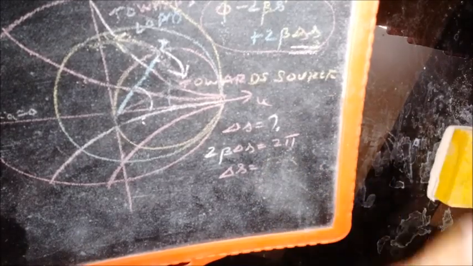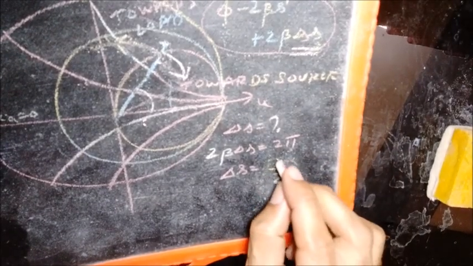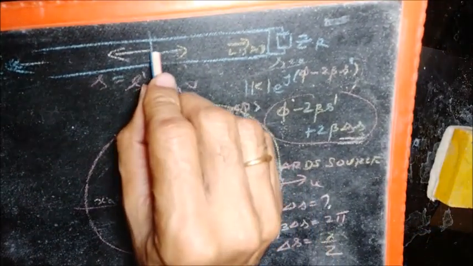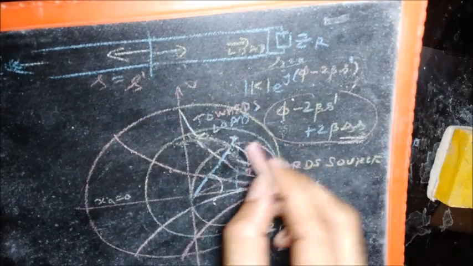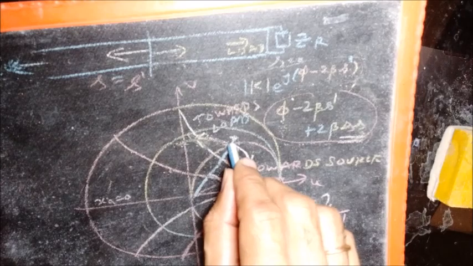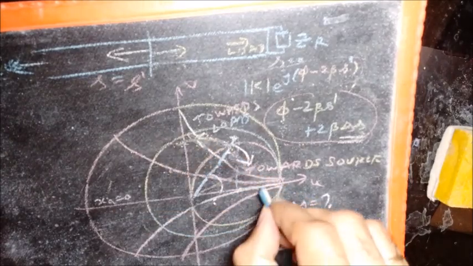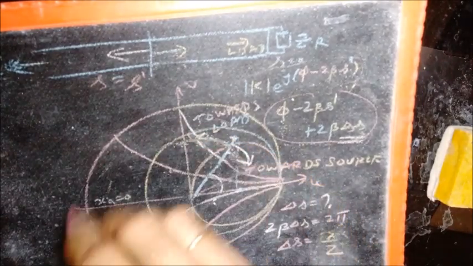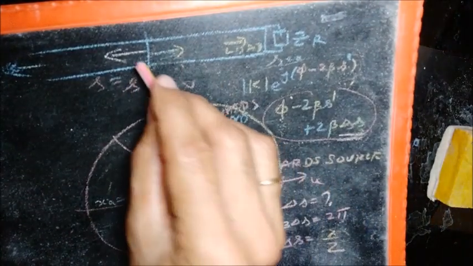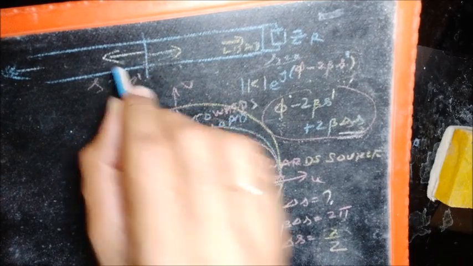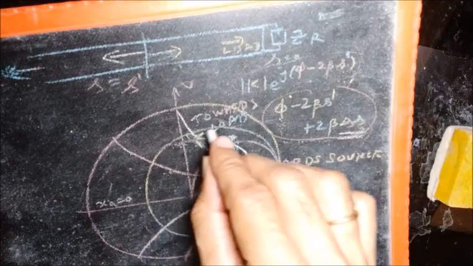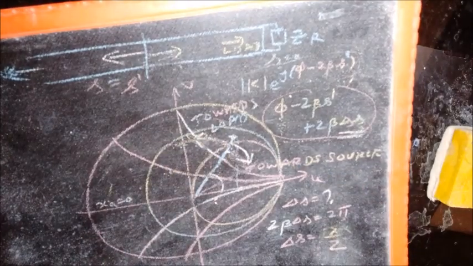So that delta S is lambda by 2, which means that if you move lambda by 2 in this direction, it means one complete revolution around the Smith chart in this direction. If you move lambda by 2 in this direction, it refers to one complete turning around the Smith chart in this direction. So this is another important point.